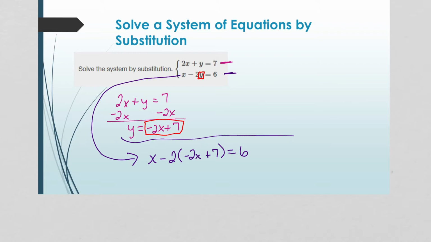One thing I want you to see here is that we don't have a Y anymore. We have only an X in this equation. And when you're down to only one variable, guess what you can do? You can solve for that variable. So we're going to distribute now. Now I'm going to combine my like terms.